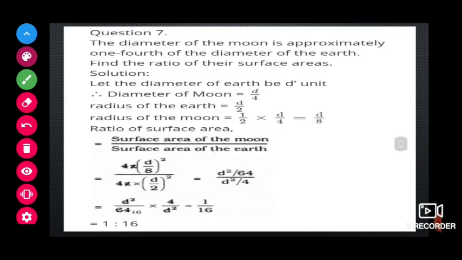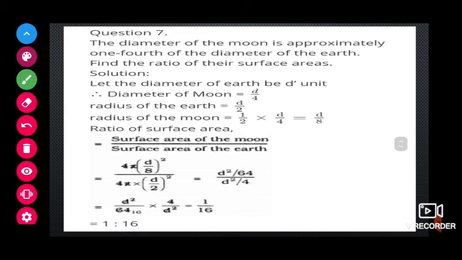Next, the diameter of the moon is approximately 1/4 of the diameter of the earth. Find the ratio of their surface areas. Solution. Here, children, the diameter of the moon is approximately 1/4 of the diameter of the earth.